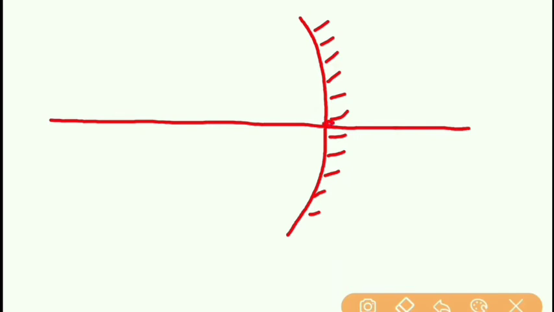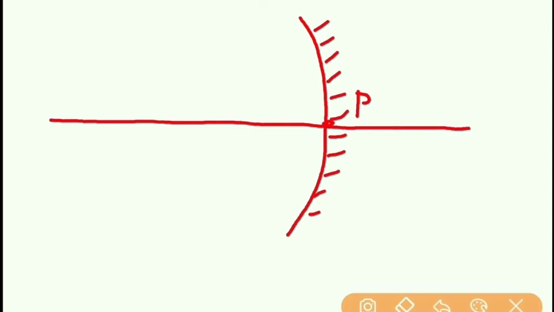Now students, some basic things which you should remember for a curved mirror. Let a concave mirror be considered here. The horizontal line which passes through the pole is called the principal axis.